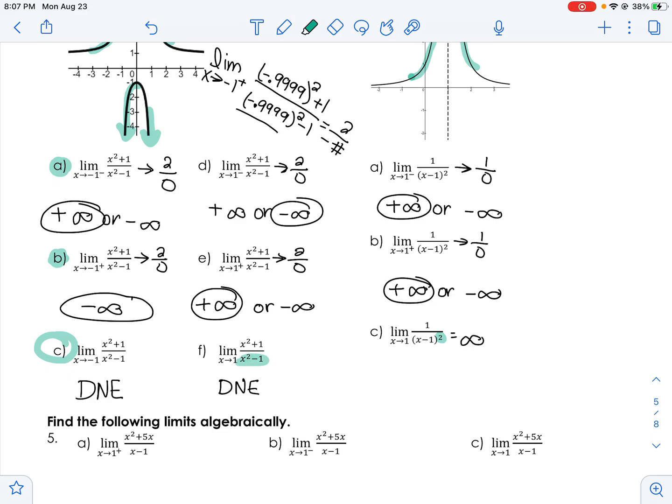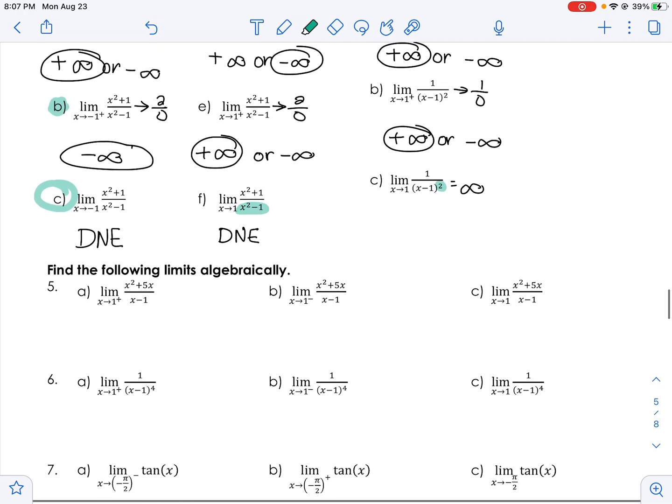So if I were to solve this denominator right here, I would get x equals 1 and x equals negative 1. I didn't get x equals 1 twice, so therefore it's an odd multiplicity. So that's why they're going in different directions, and I got does not exist.